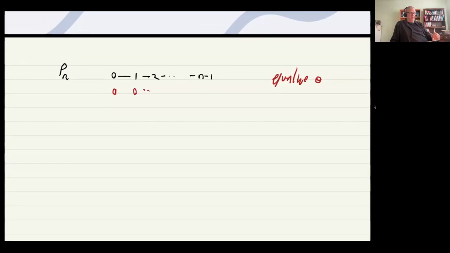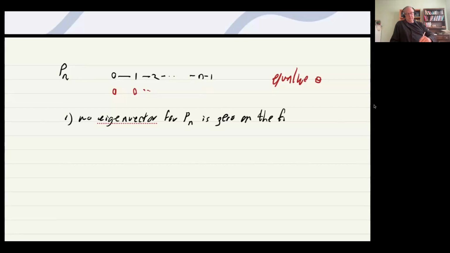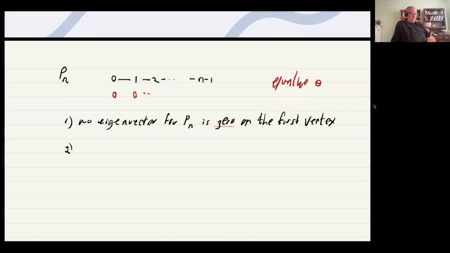That's probably worth writing down here: 0 on the first vertex, no eigenvector. So we can assume that we're 1 on the first vertex.